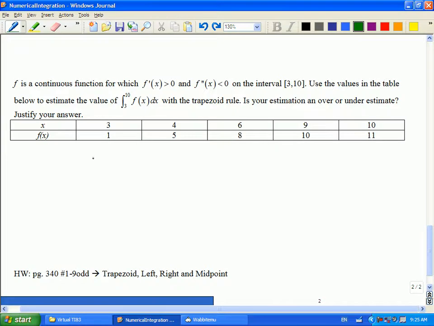So I'm just going to catch up here. So here are my rectangles, or my trapezoids rather. The width of the first piece is 1, and I'm going to go (1 plus 5) over 2.